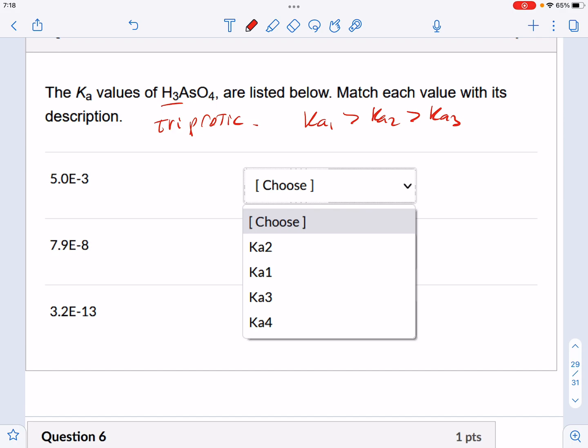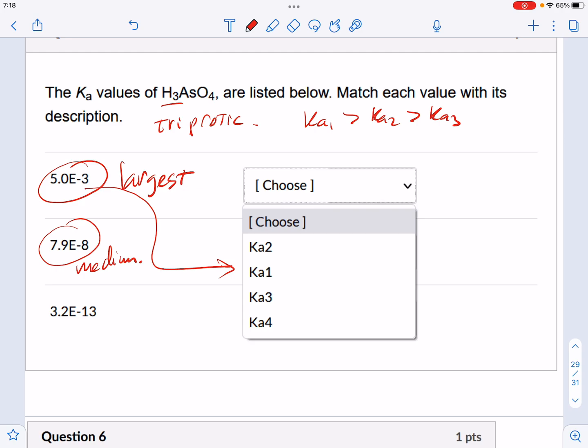So if we identify which one is larger, okay, this is the largest one, so this is going to be Ka1. This is the medium, so this is going to be Ka2, and this is the smallest, so that's going to be Ka3. There is no Ka4 here.